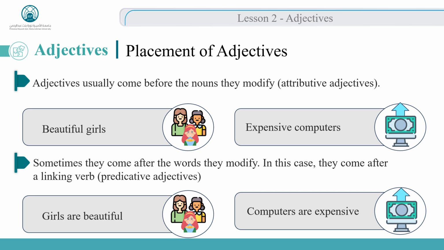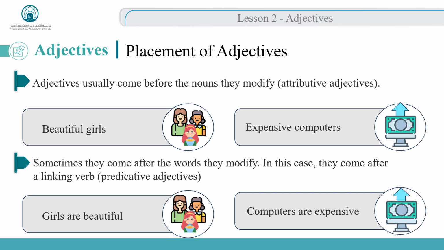So we can say girls are beautiful. Beautiful here adds information about girls, but it is predicative. It comes after the linking verb. Computers are expensive. Again, expensive here is a predicative adjective.